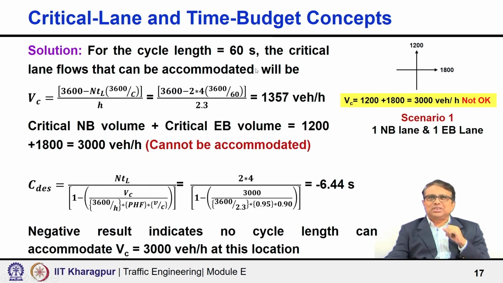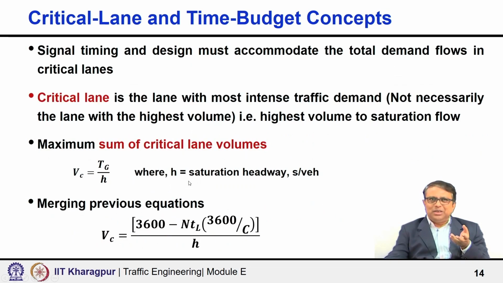For the cycle length of 60 seconds, the critical lane flows that can be accommodated, we can calculate as V c. How are we calculating? Let us go back again to remind you of this one, T g by H essentially. So, based on that we are calculating the value of V c, how much critical volume the intersection will be able to handle given the cycle length, the lost time, number of phases and saturation headway.